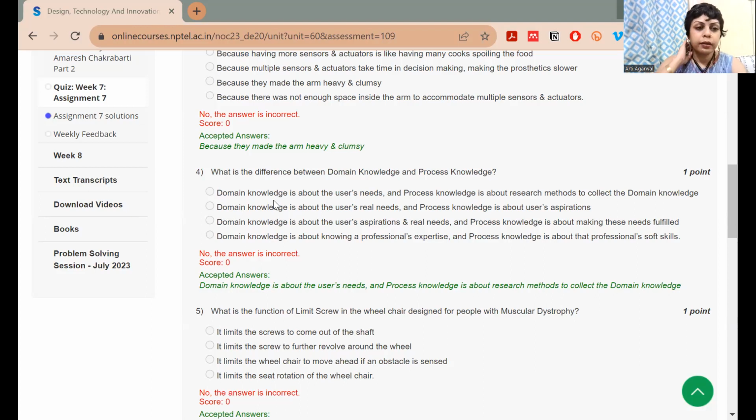Okay, this is a very interesting question, because I think many people get confused by it. Within the scope of this course and this particular module, we're talking about domain knowledge and process knowledge as Professor Chakrabarty explains it in the lecture. If you go to a dictionary, or to some other engineering course and come across this terminology, it might mean something completely different.